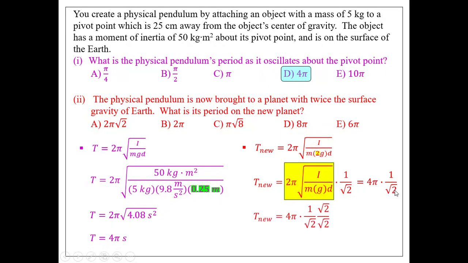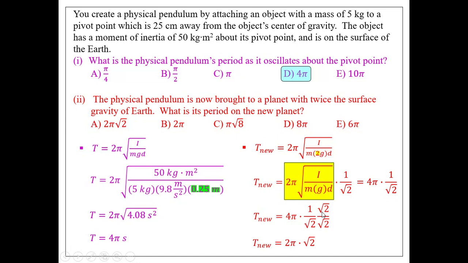Instead of having the radical 2 in the bottom, you can multiply top and bottom by radical 2, which makes the denominator a 2, since radical 2 times radical 2 is just 2. And then you have the 4 pi on top. Well, 4 pi will cancel with the 2 in the bottom, so 4 divided by 2 is 2. That leaves you with 2 pi, and then 1 times radical 2, which is radical 2.